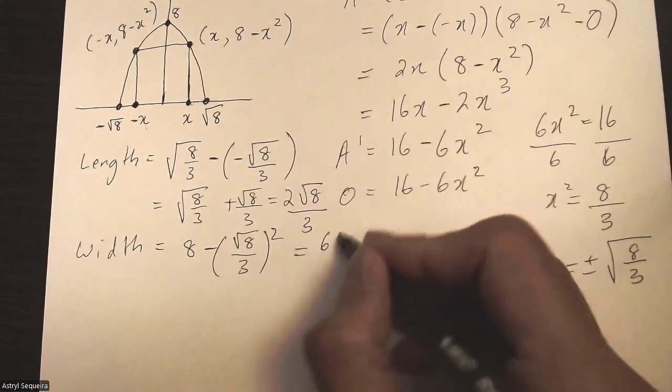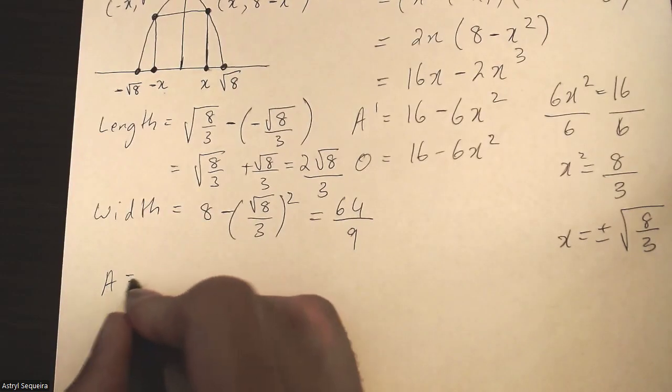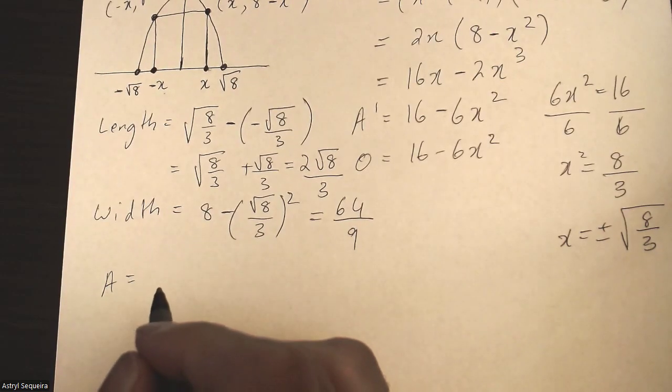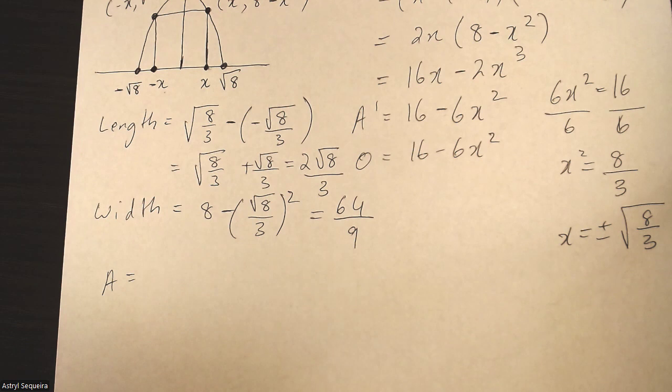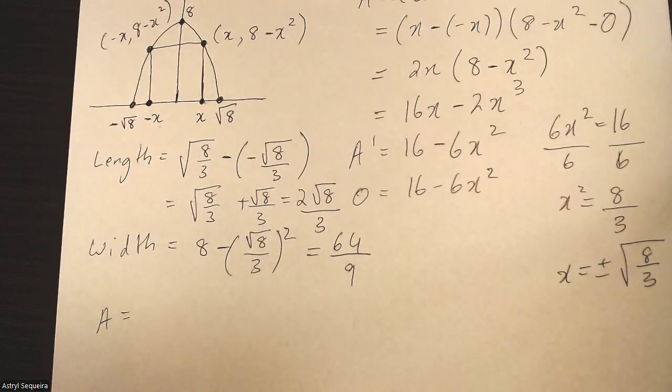Let's get 64 over 9, and then the area is just multiplying those two together. So I think I have a typo in my calculator. Let me try this again.